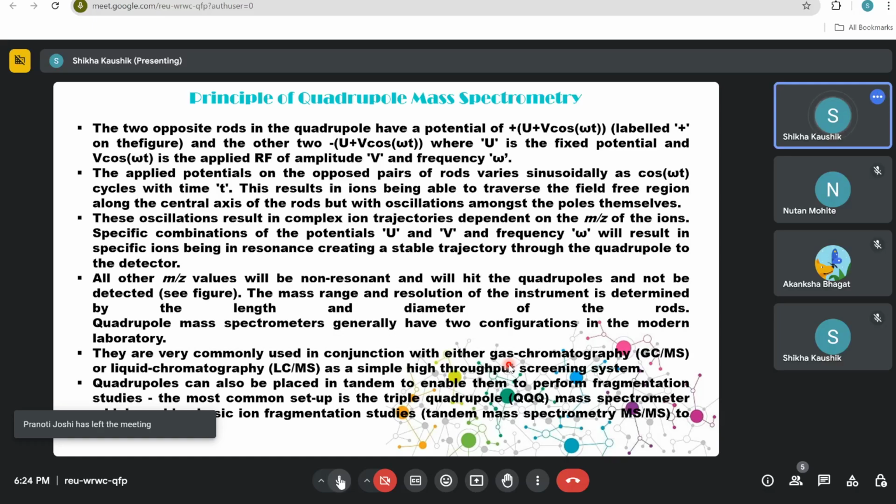The mass range and resolution of the instrument is determined by the length and diameter of the rods. So what happens?